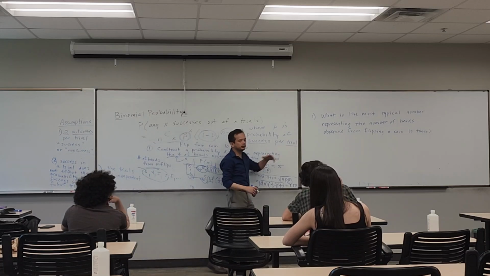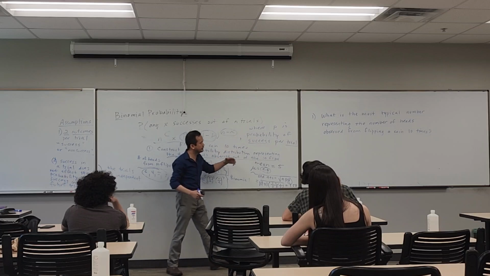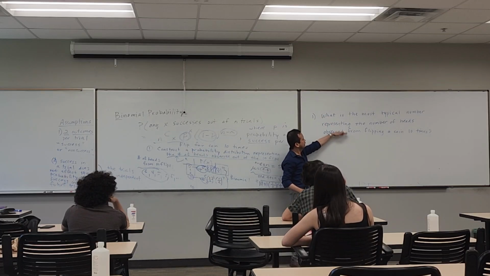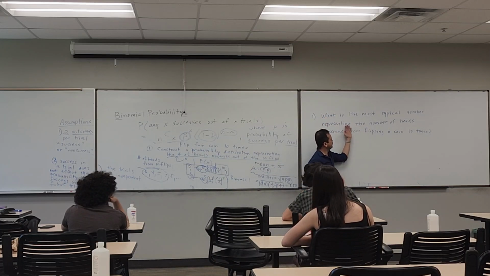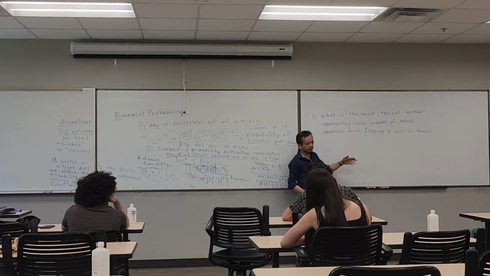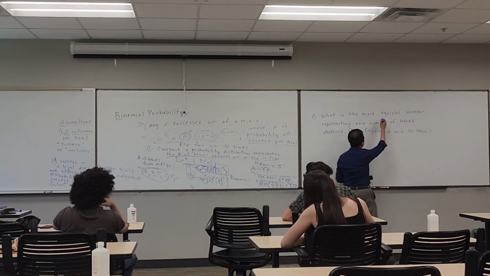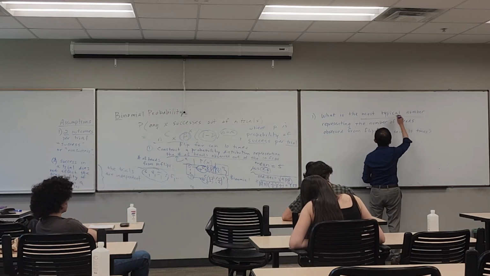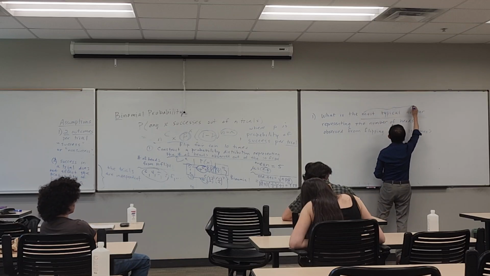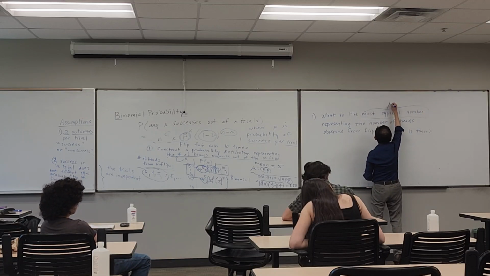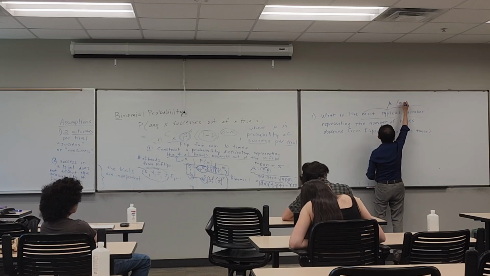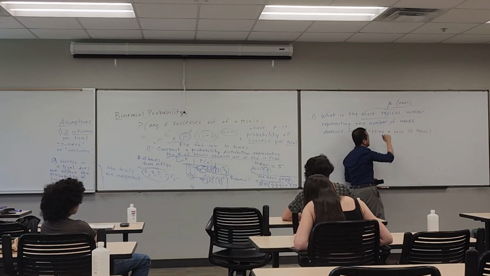So it's 5, and so another way of asking this question is what is the mean of the number of heads observed from flipping a coin 10 times? So this most typical number, another way of saying that is the mean, or the symbol mu that we talked about.